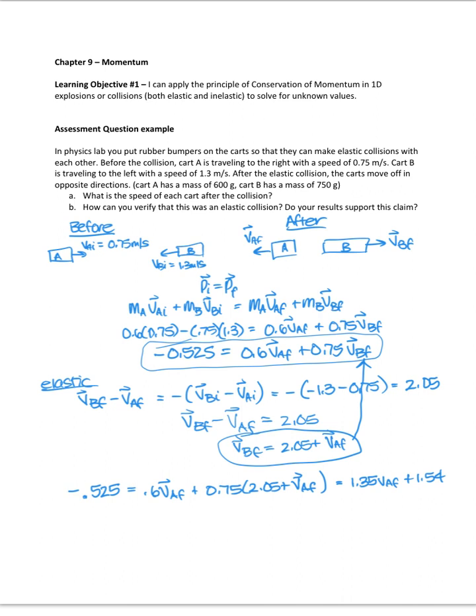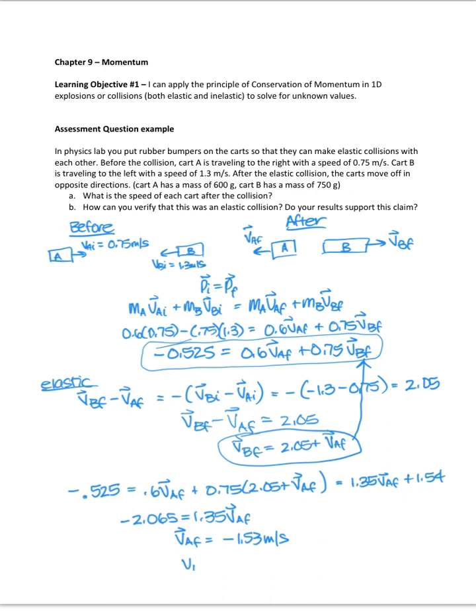If I rearrange this, I have minus 0.525 minus 1.54 equals 1.35 VAF. So VAF, that's the vector, ends up to be minus 1.53 meters per second.